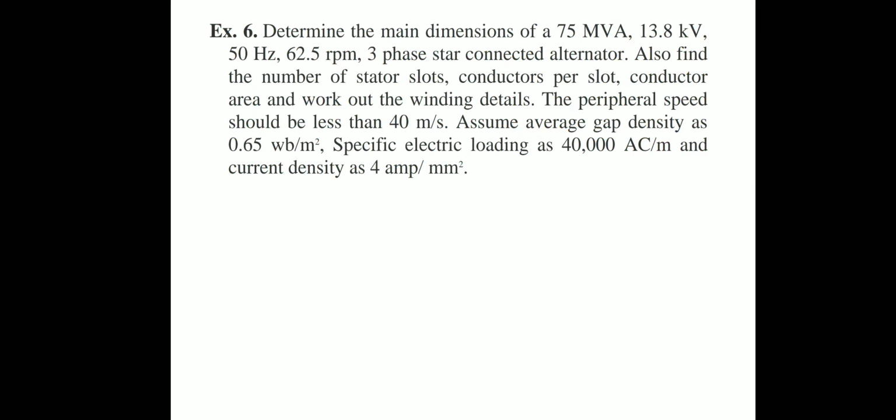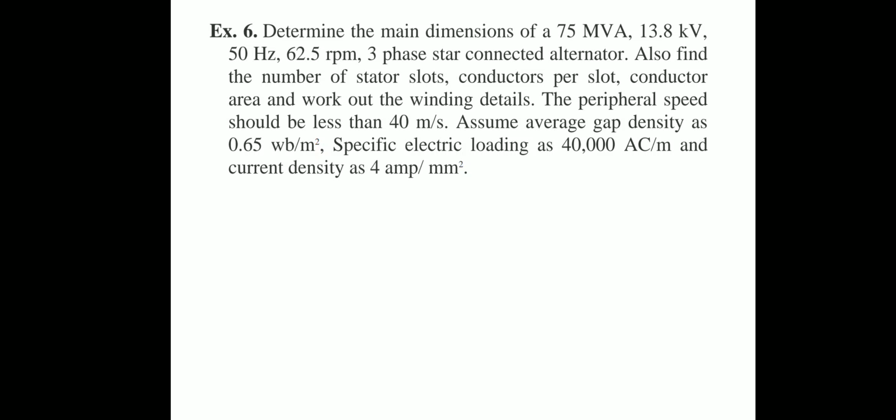Now you have another numerical, example 6, whose solution will be explained in the next video. This is for you all to try at home. Example number 6: Determine the main dimensions of a 75 MVA, 13.8 kV, 50 Hz, 62.5 RPM, 3-phase star connected alternator.